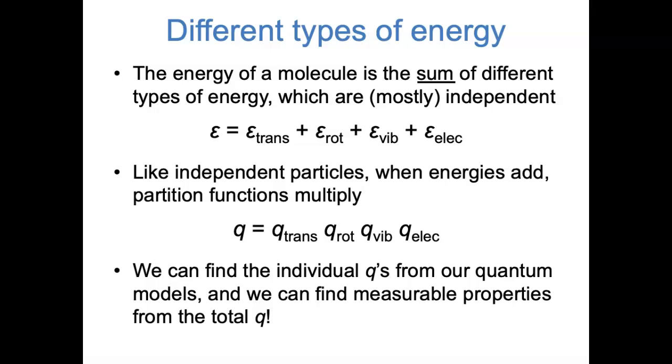And based on the ideas at the end of the previous video, we can then use that total partition function to find measurable properties of the atom or molecule, like average energy, heat capacity, and pressure. And that's basically what we're going to do for the rest of this video and for the two videos that come after this. For increasingly complex systems, we're going to build up from quantum models to partition functions to measurable properties. And we're going to start in the rest of this video with monatomic ideal gases, just isolated atoms.